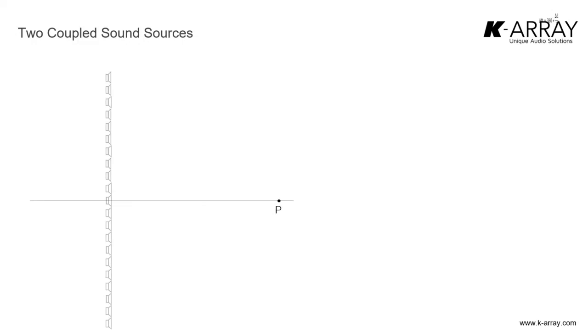So here we have a pure line array, a vertical arrangement of identical, closely spaced woofers. Now, all these woofers play together simultaneously, right? And in point P, I will put a microphone in front of the array.